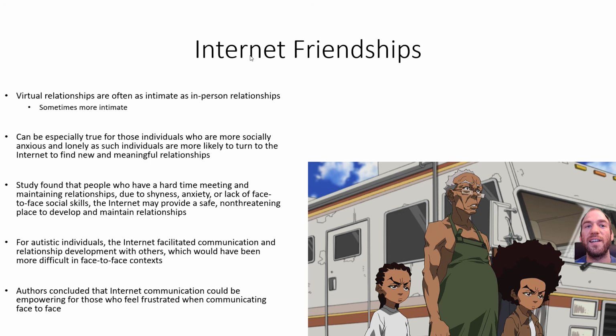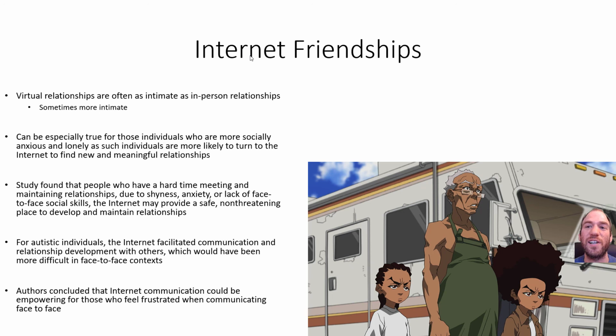So again, this is a chronosystem level shift. We have the internet now. I can seek out people with similar interests to me. If I'm socially isolated or I'm shy and anxious, I can seek out people who are like me and develop positive social interactions. Obviously, that same developmental isolation can also contribute to me seeking out friendships with negative developmental outcomes.